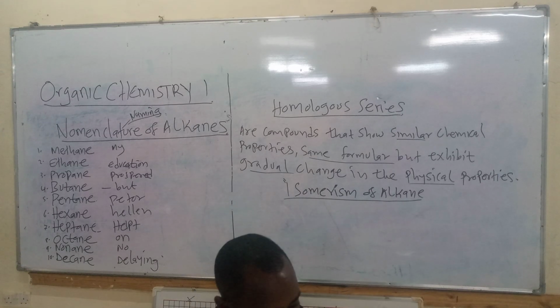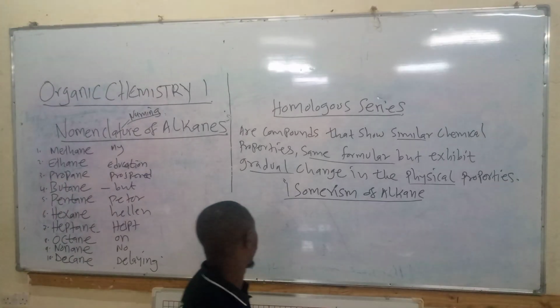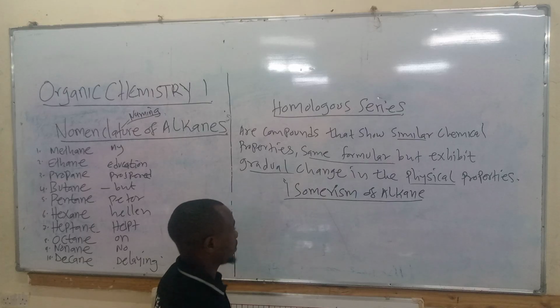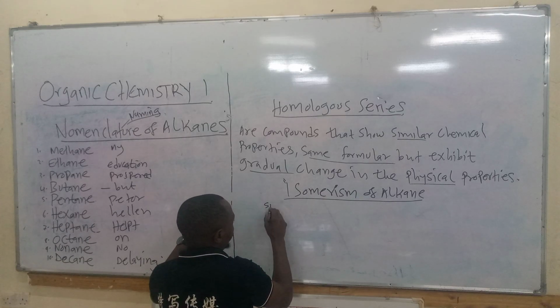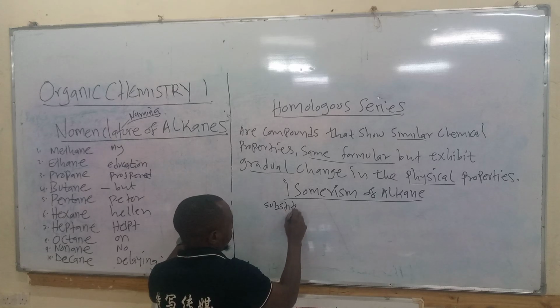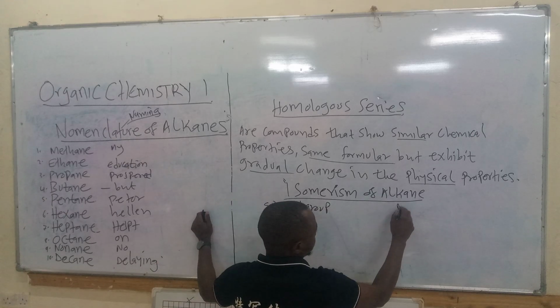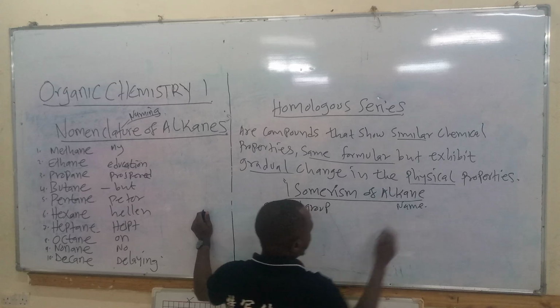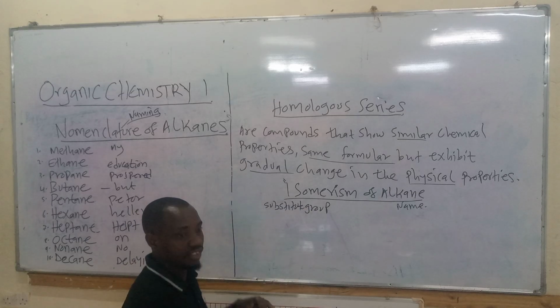Under isomerism, we have substituent groups, and then we have the name. I'm just giving you some examples.